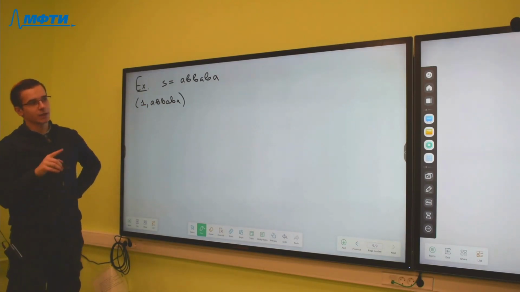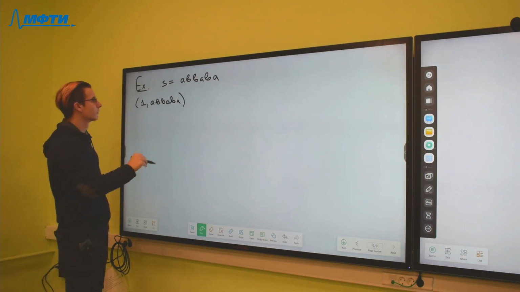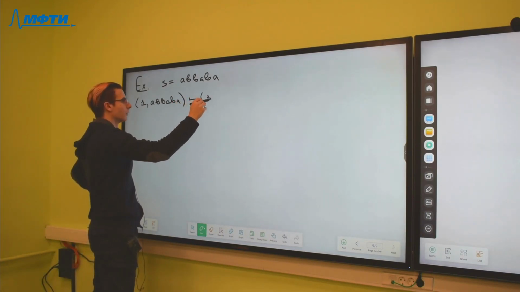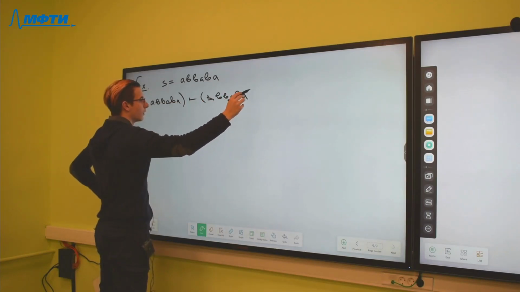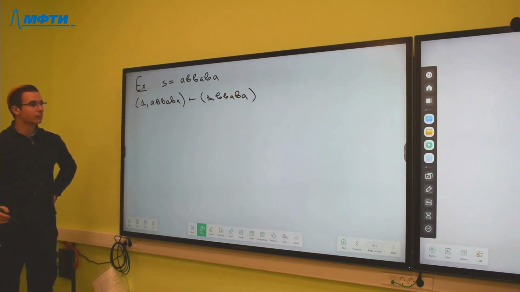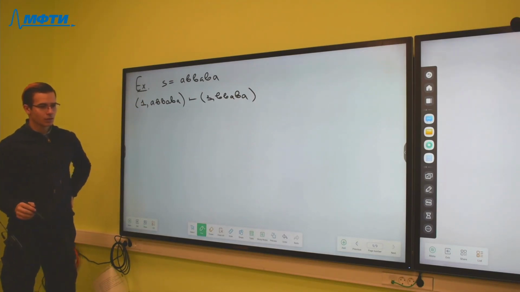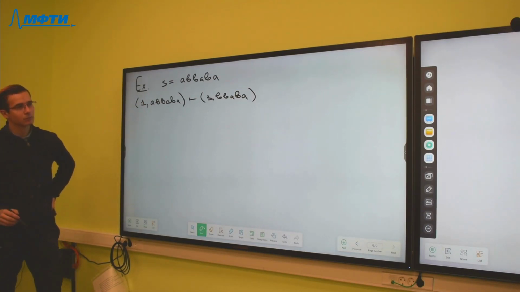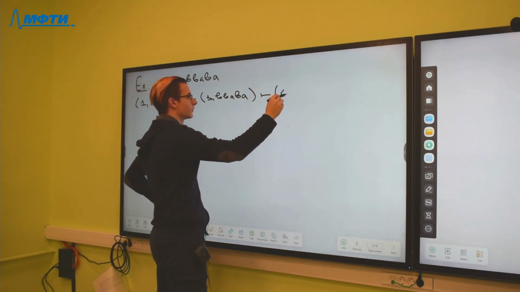We read A, and we change it to 3. Change it to 4.